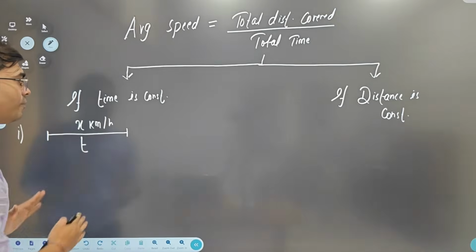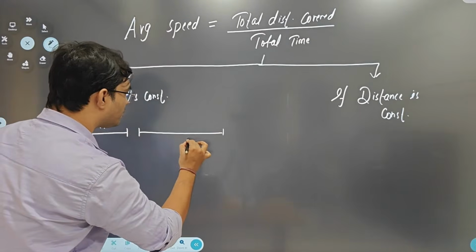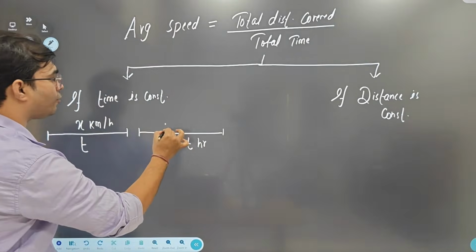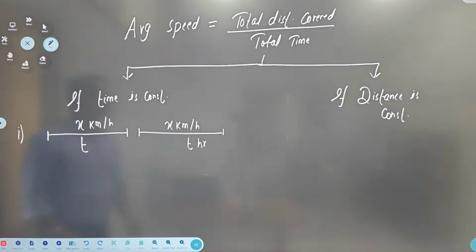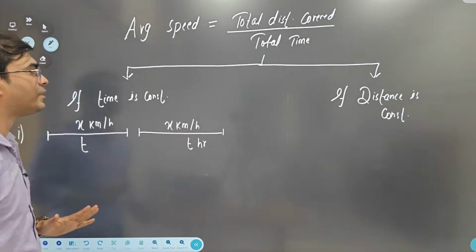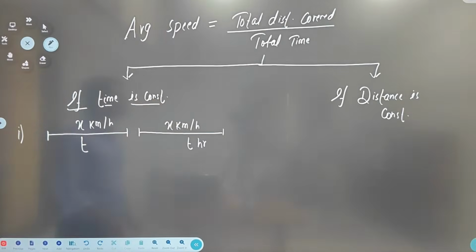What is the duration of the time? T hour. Again, after T more hours, the speed was X kilometer per hour again. In the first, duration of the time is T hour. Again, after T hour, the speed is X kilometer per hour. That's what I'm trying to say when the time is constant.